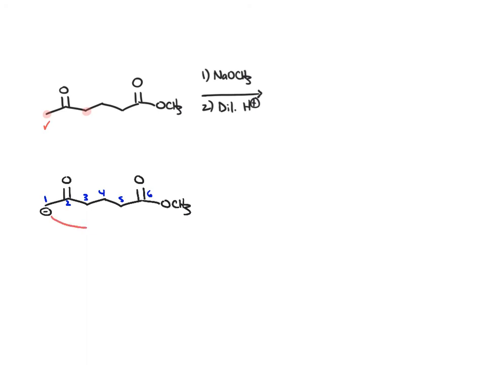Again, we're going to use the shortcut just to predict the product. And we'll draw the 6-membered ring. Number your atoms. At carbon 2, we have a carbonyl. At carbon 6, we have a carbonyl.